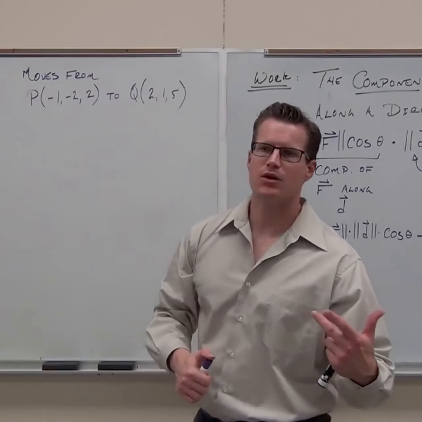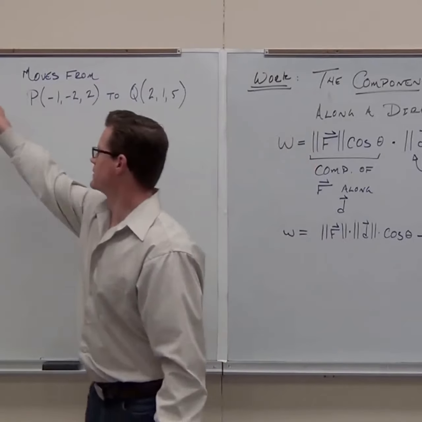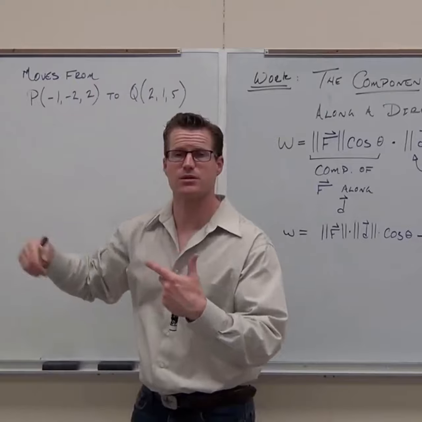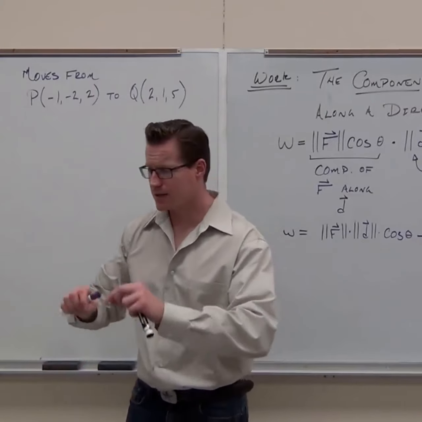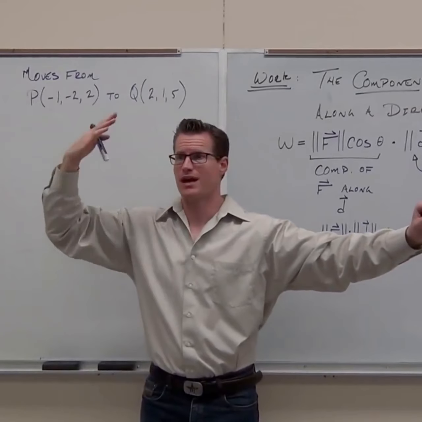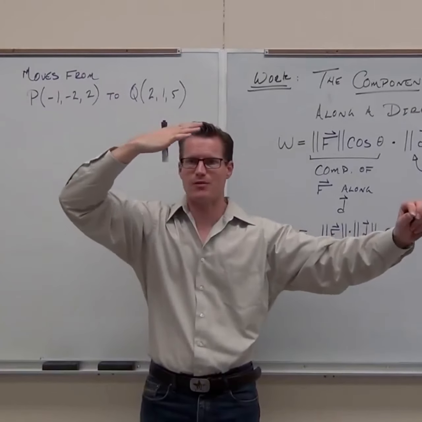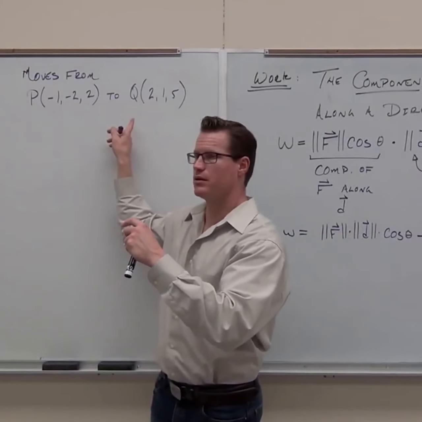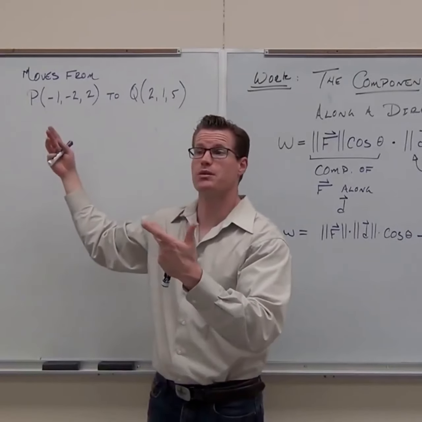It'd be a pretty lame question if this vector was between those two points. It's not, and it's not going to be parallel either. That's the whole point of doing this. I've got this little runner between these two points, wherever they are in space, and a force vector that doesn't have to be right on top of it. It's pulling. It's going to eventually move from here to here. What we want to figure out is how much work is done when we do that.